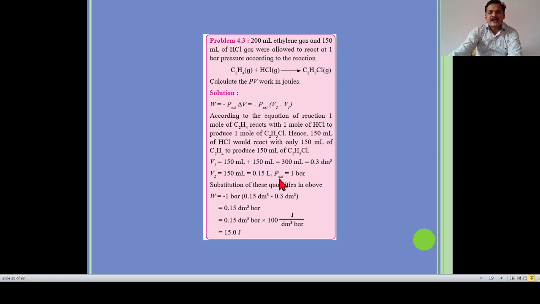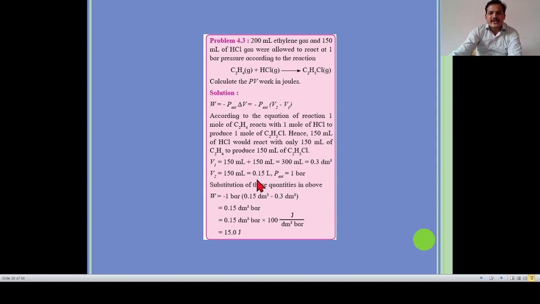Then the external pressure is 1 bar. Substitute these quantities in the above formula: W is equal to minus, the minus sign remains as it is, 1 bar into the bracket 0.15 dm cube minus 0.3 dm cube. 0.15 dm cube means 0.15 liter, since 1 dm cube is equal to 1 liter.